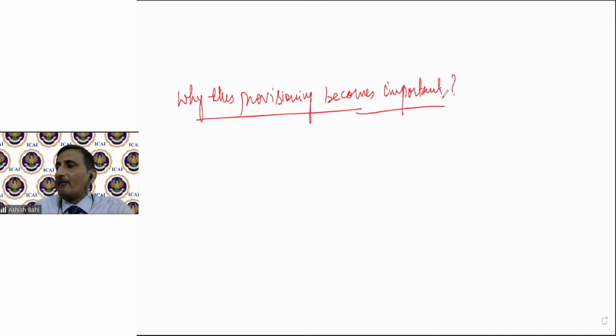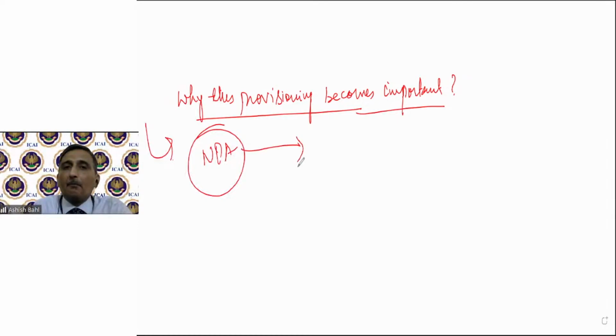And why do the auditors insist on proper asset classification? Why is there so much emphasis on asset classification and proper provisioning? Because when an asset is classified as a non-performing asset, an NPA, the bank has to make a provision and it hits the profits of the bank.